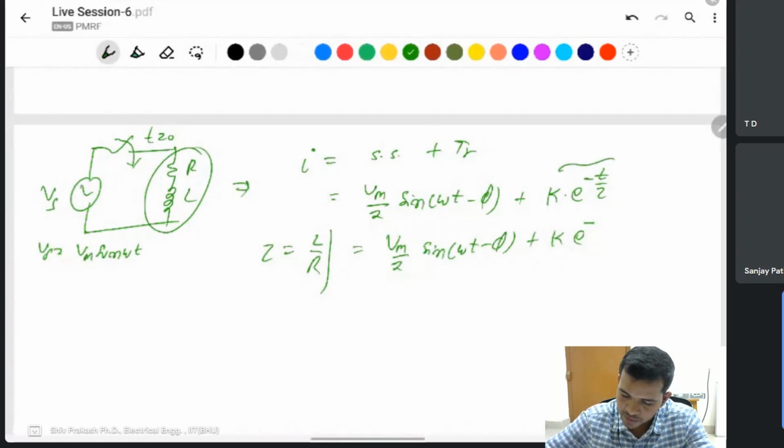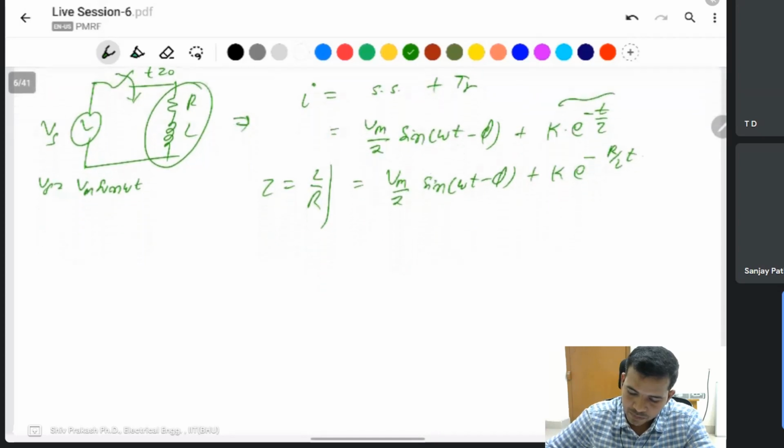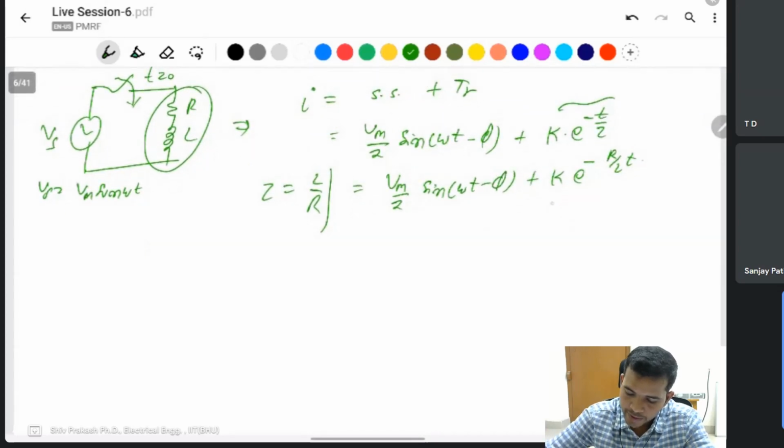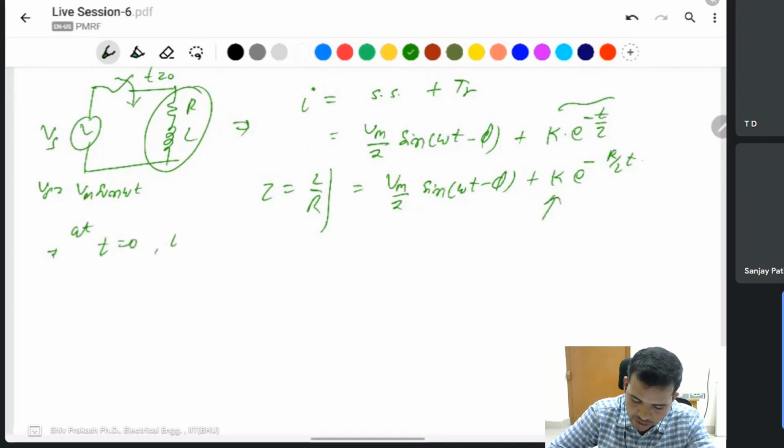This one is the transient effect of any circuit. In an RL circuit, the same thing; in an RC circuit, tau is RC. To find the value of k, take t equal to 0 and i equal to 0, as the switch is not closed.